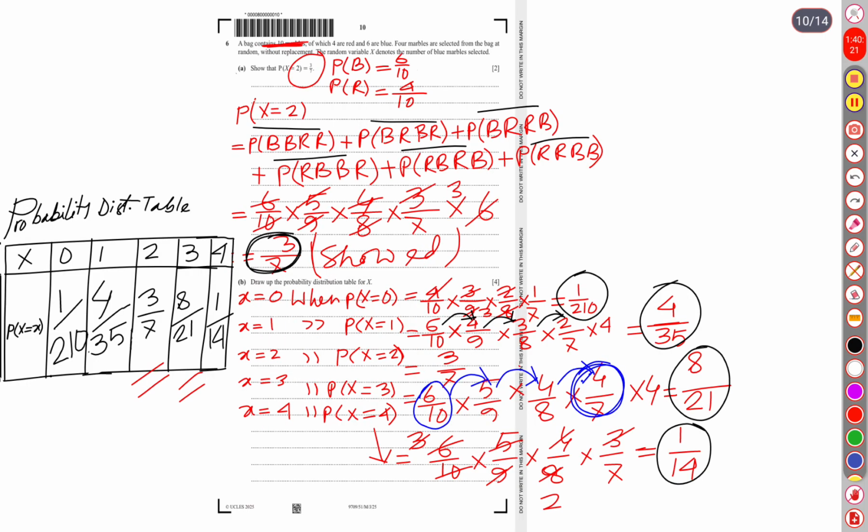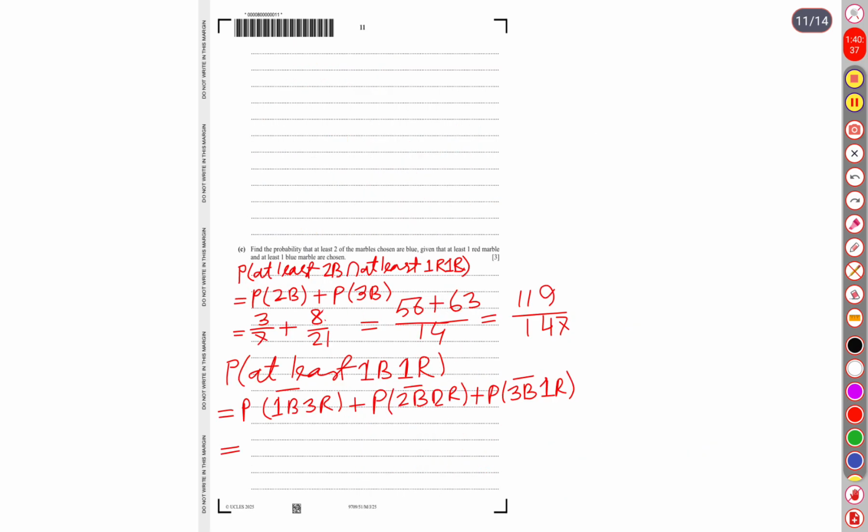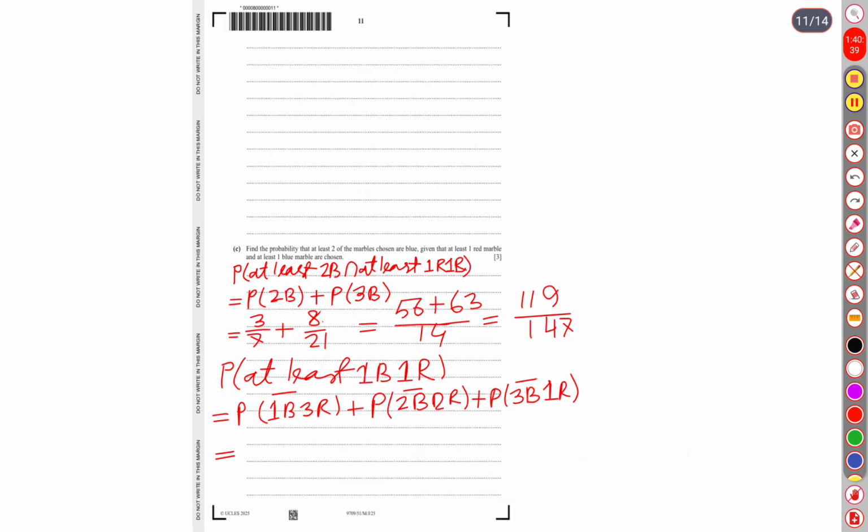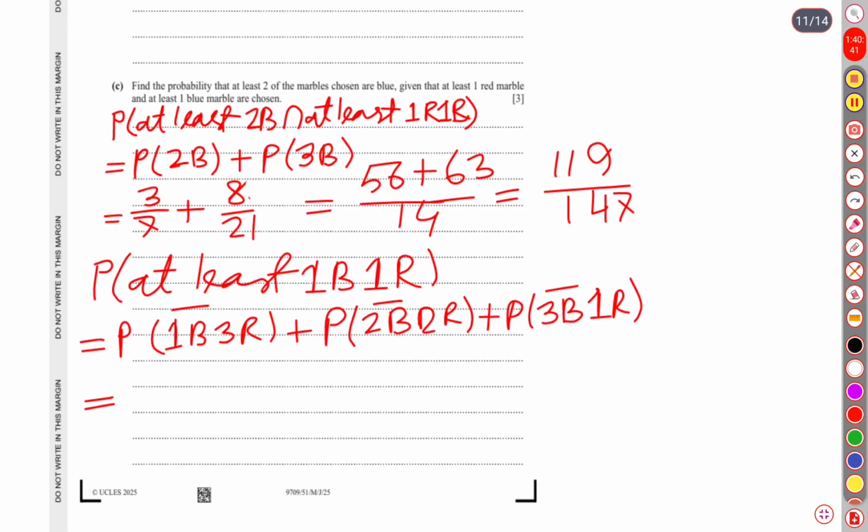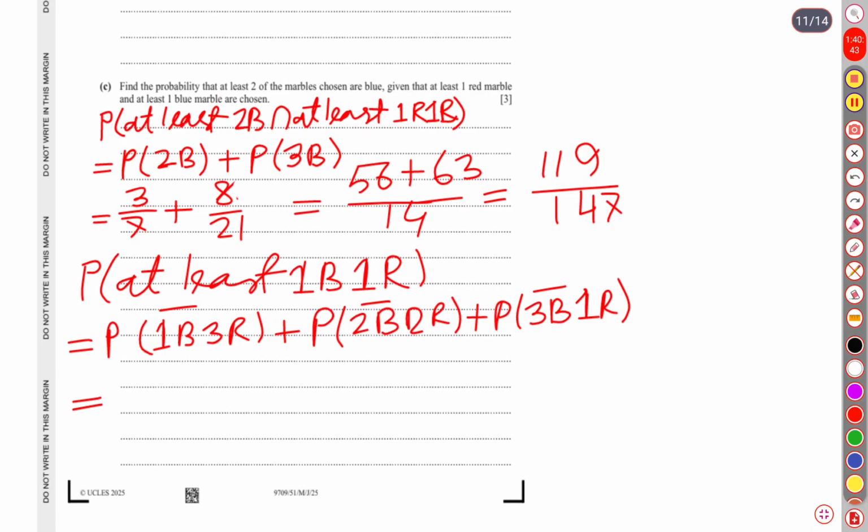For one blue, the probability is 4 over 35. For two, 3 over 7. And for three, it is 8 over 21. Whenever one blue marble is chosen, definitely the rest are red.